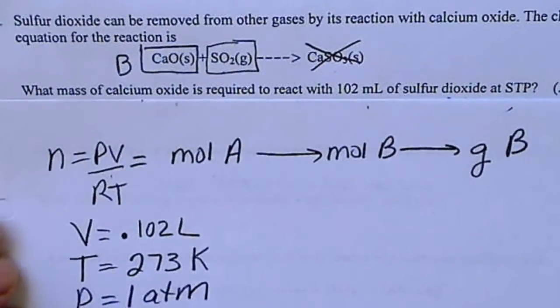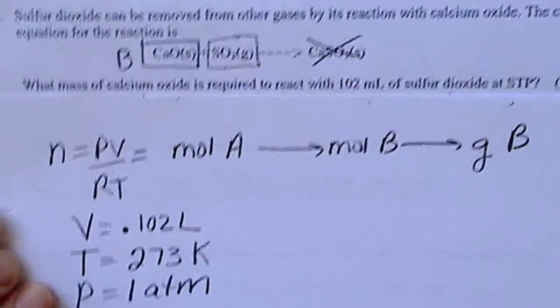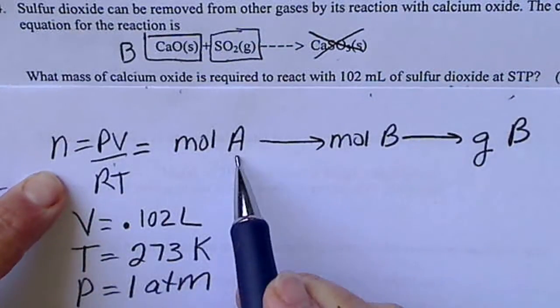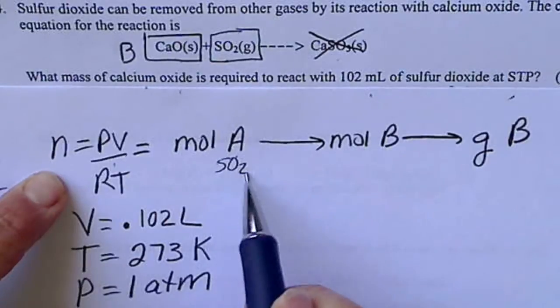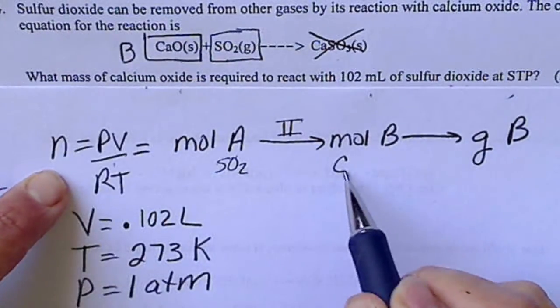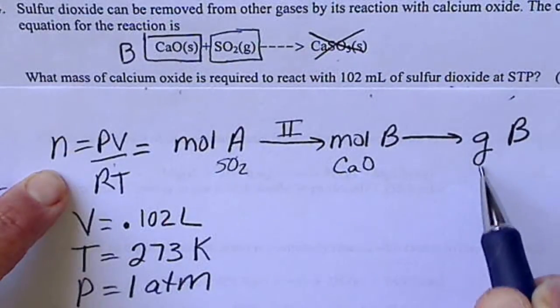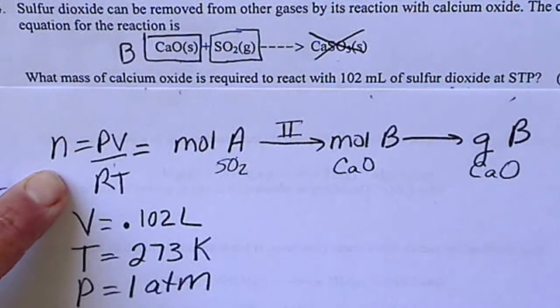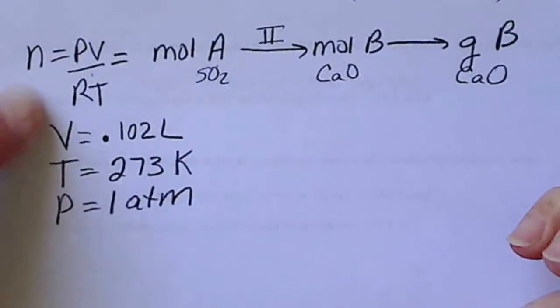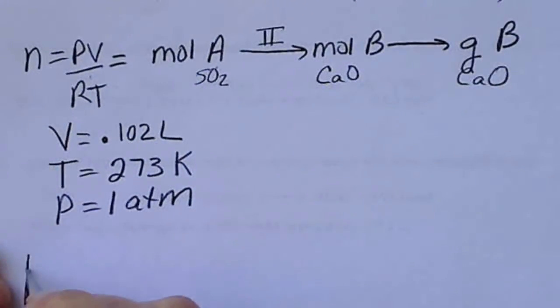So when we solve for N, that's going to equal moles of SO2. Then we're going to go to the balanced equation and calculate moles of calcium oxide and then grams of calcium oxide.